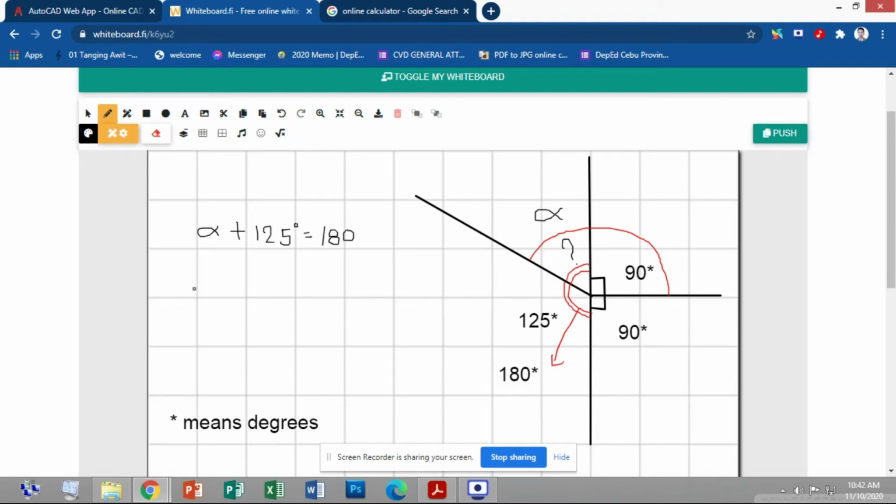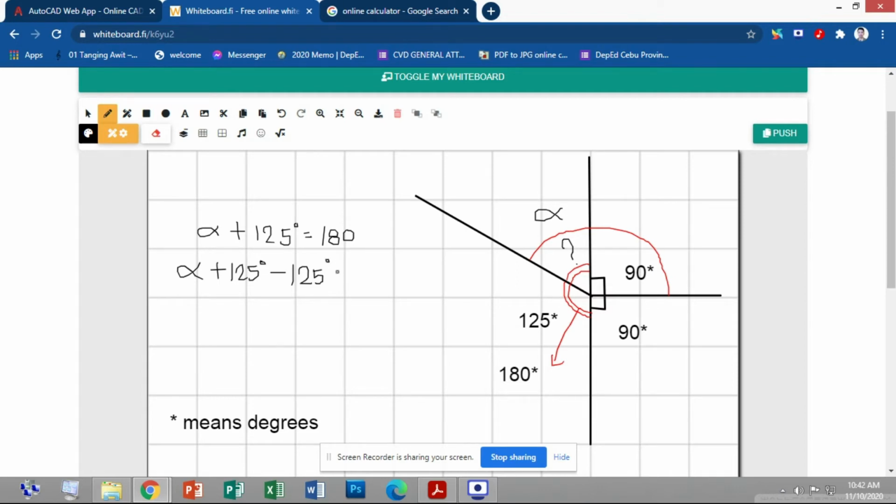So, solve lang natin. Si alpha plus 125 degrees equals 180 degrees. Minus 125 degrees.